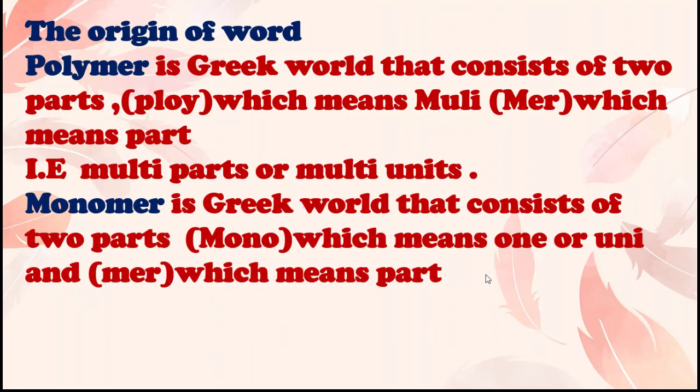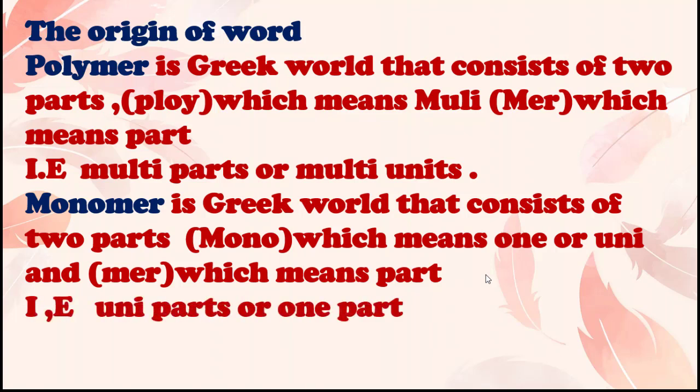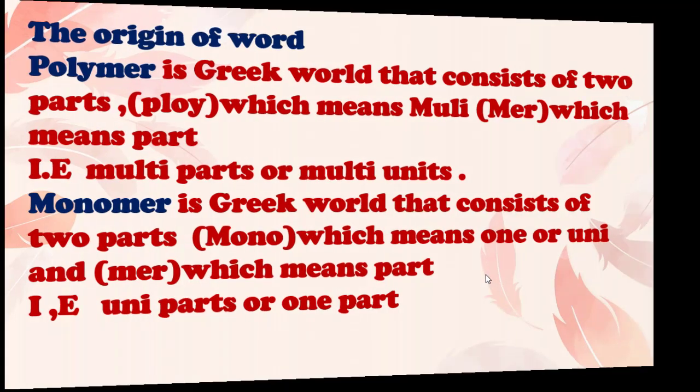Monomer is also a Greek word that consists of two parts: mono, which means one, and mer, which means part. So monomer means one part. So polymer means many molecules, monomer means one molecule.